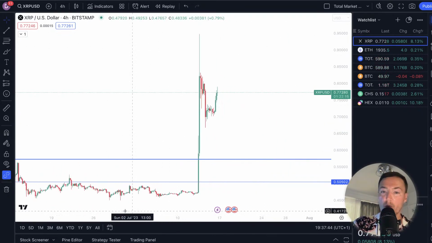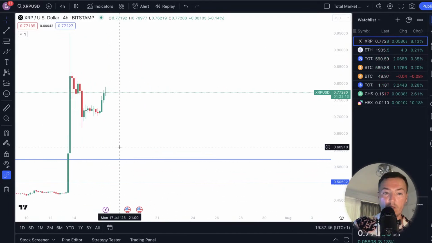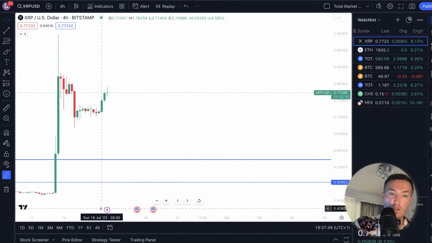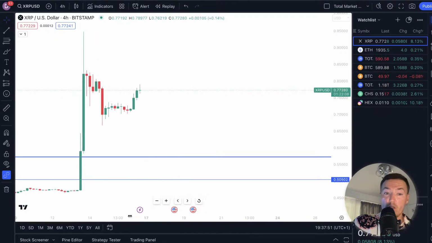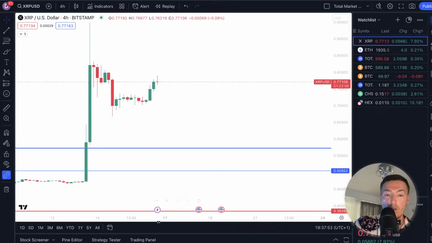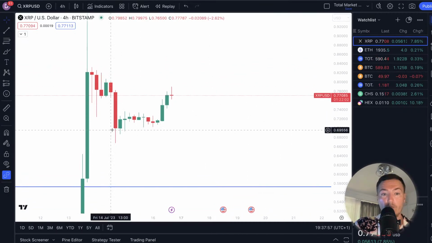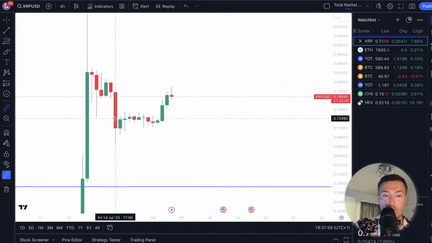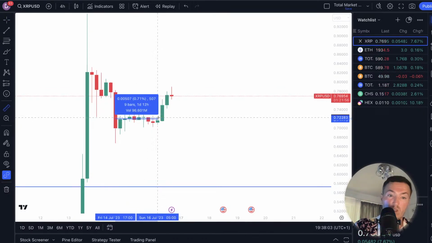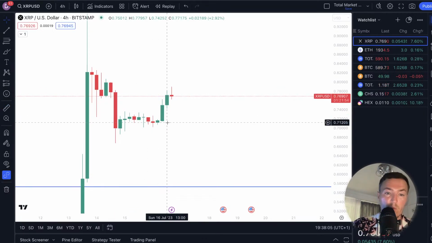We are on Breakout Watch for XRP. It spent all of yesterday, a day and a half, in sideways action.